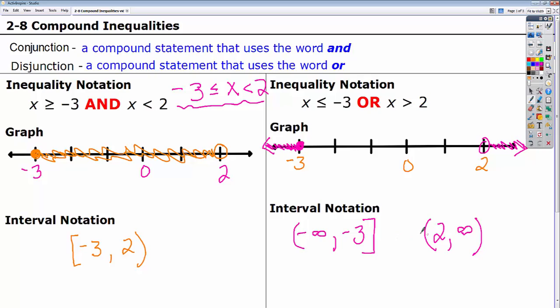But somehow we have to join these together. Up here we use the word or. We don't use the word or for this. We use a U, like that. Alright, this stands for unioned with. Because if our solution occurs in either one of these sets, either or, okay, then it counts as a good answer.